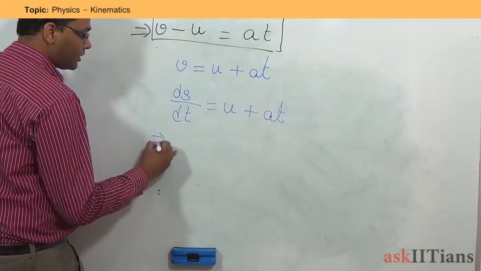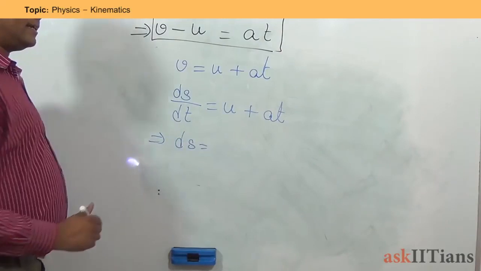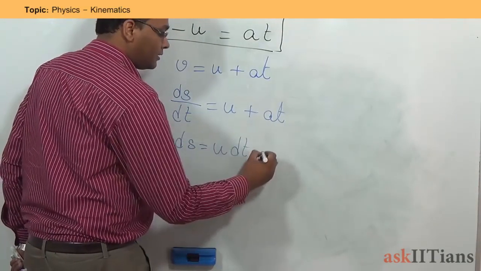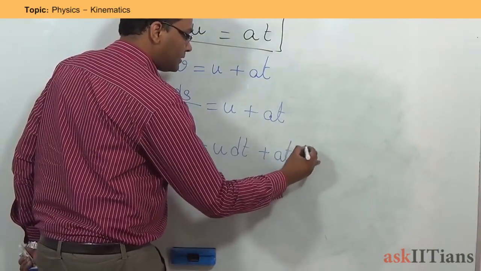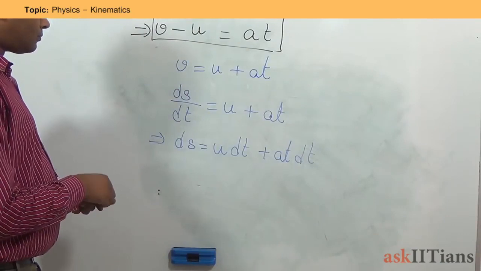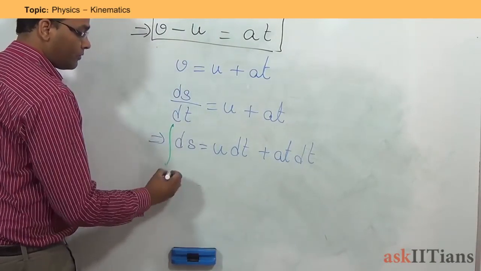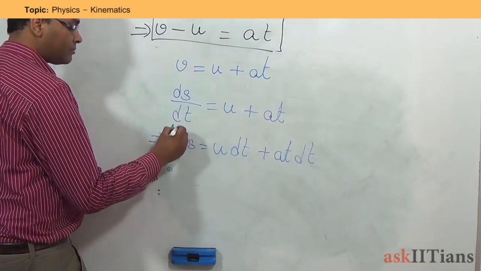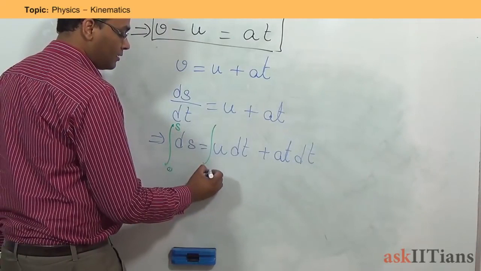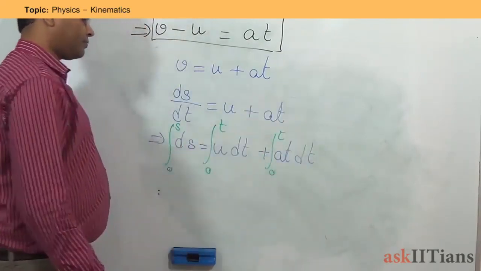If I do a cross multiplication by dt, I can say ds becomes u dt plus at dt. Again, if I have to integrate this, I start off with 0 displacement, final displacement is s. Here, we say from 0 to t, again 0 to t.